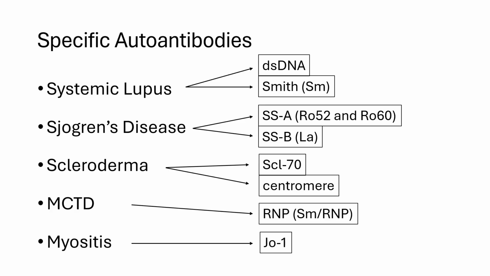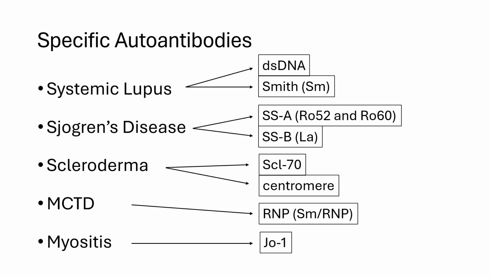I want to emphasize here that just like with so many things in rheumatology, nothing is absolute, and there certainly can be some overlap. For instance, having a positive Rho antibody or SSA antibody is certainly most commonly seen in Sjogren's disease. However, that can also be present in lupus or myositis.